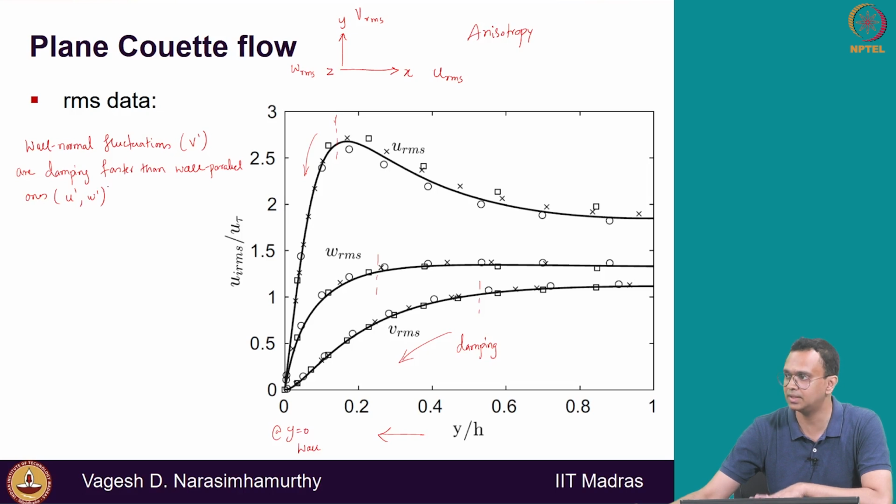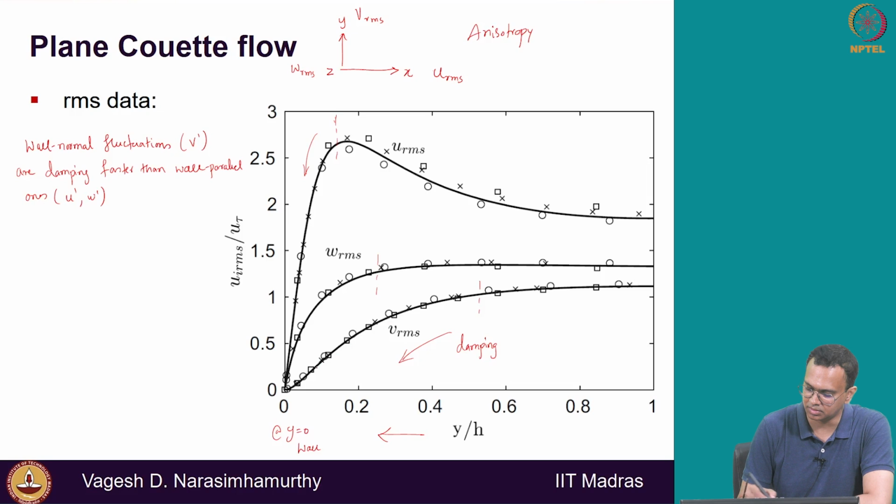This is what we see in the data, that the VRMS, that is a wall normal RMS quantity, is damping faster, coming to 0 faster, because if you look at the slope, it is coming to 0 faster compared to the wall parallel ones.